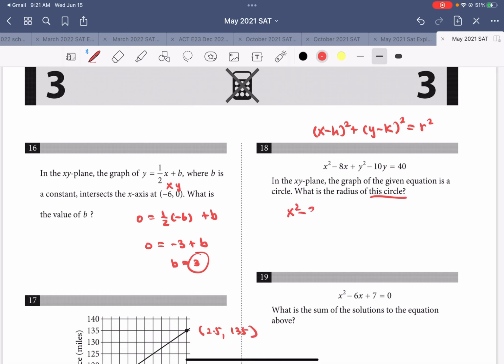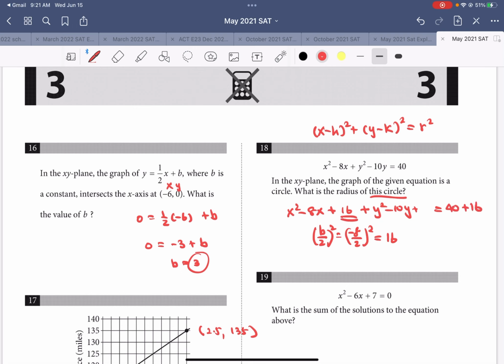So x squared minus 8x plus b over 2 squared, that one you need to know. So negative 8 over 2 squared, negative 4 squared, is 16. So you're going to add 16 here, and 16 on the other side too.